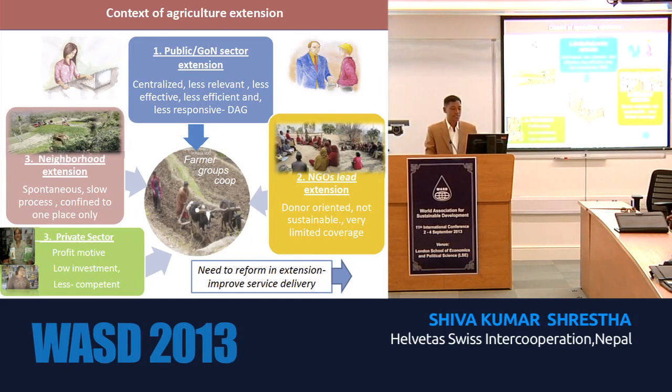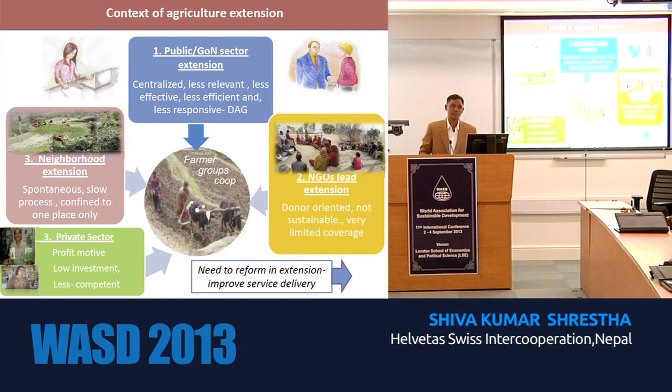Another one is the neighborhood agriculture extension. It happens spontaneously from one house to another, but it is a very slow process and confined to very specific areas only. The third one is the NGO-led agriculture extension.